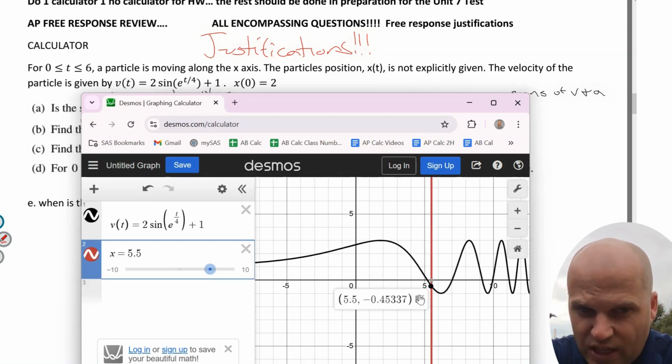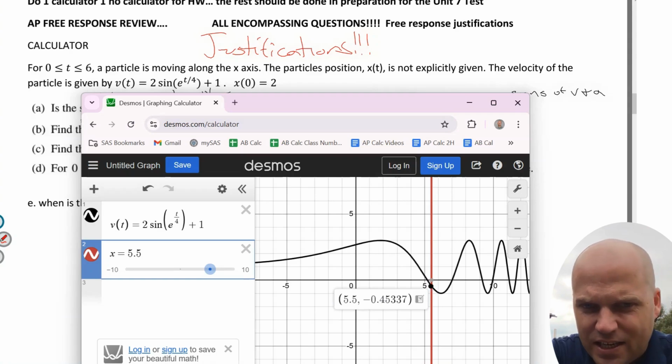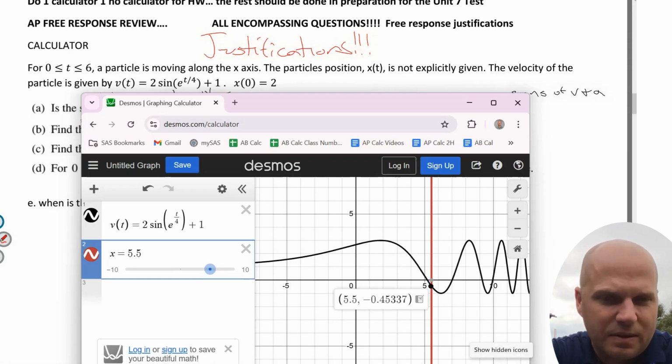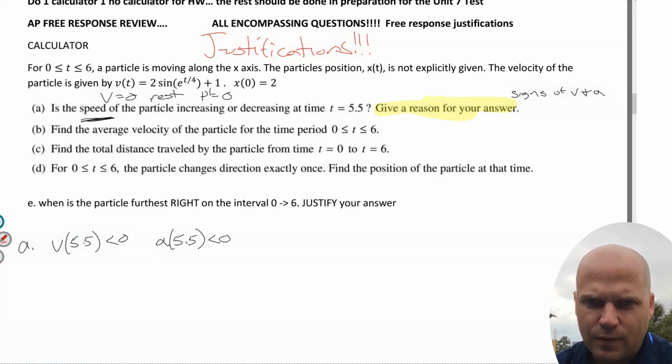And you see, this is your velocity, it's negative. You can see your velocity is decreasing. You could literally say, because my velocity is negative and decreasing, my speed is increasing. You could say V of 5.5 is negative, A of 5.5 is negative, speed is increasing.